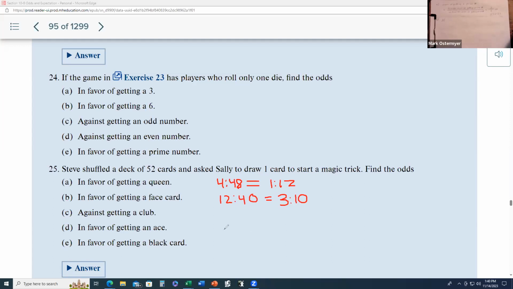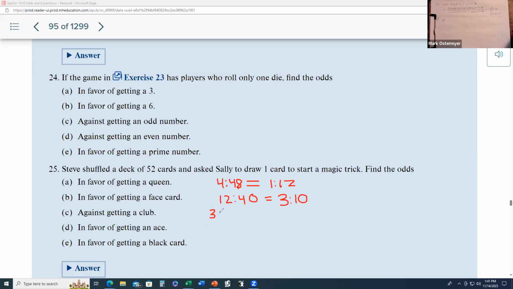How many ways of not getting a club? Well, how many ways can you draw a card that's not a club? In other words, how many cards are in a deck that are not clubs? Well, there's 13 clubs, correct? Ace through king. So that means there must be 52 minus 13, which is going to give you 39 cards that are not clubs.